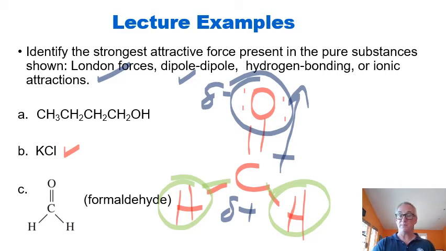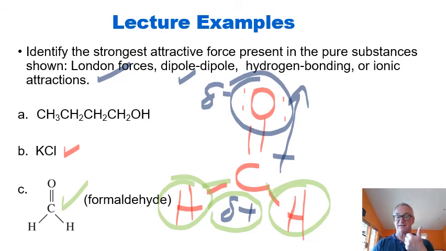So the way this would bond with each other is that this slightly negative part, oxygen, would interact with the slightly positive part of another formaldehyde. They would line up, slightly negative, slightly positive, slightly negative, slightly positive. And this is a liquid at room temperature based on that dipole-dipole interaction, not a hydrogen bond.